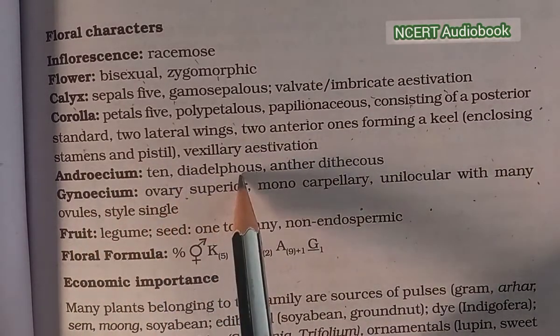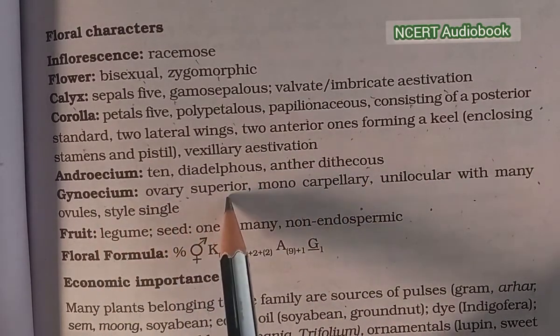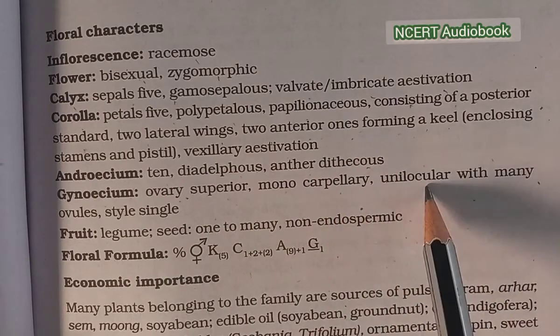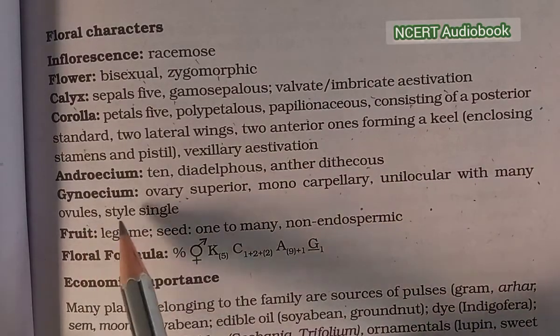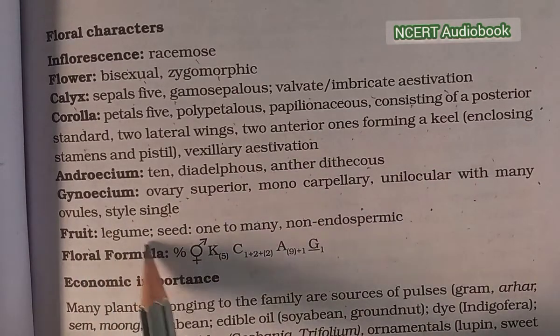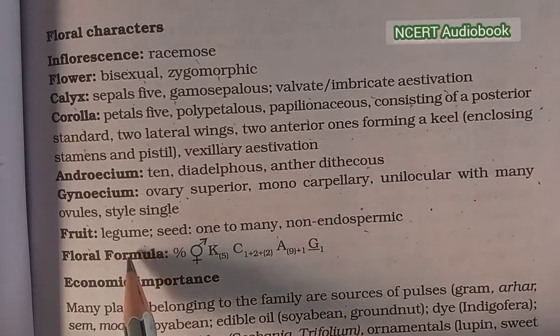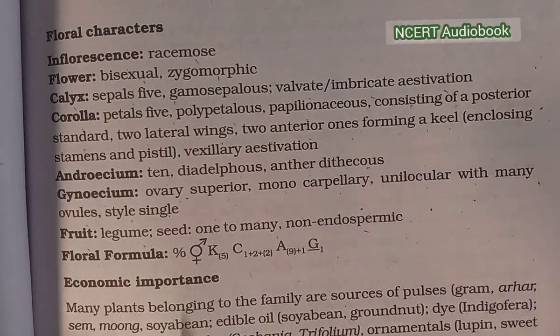Androecium 10, diadelphous, anther dithecous. Gynoecium ovary is superior, monocarpellary, unilocular with many ovules and style single. Fruit legume type, seed one to many and non-endospermic. And the floral formula is like that.